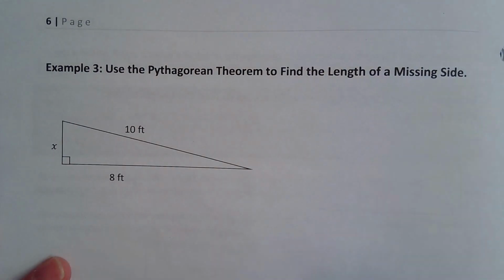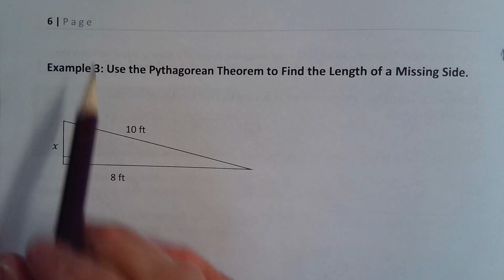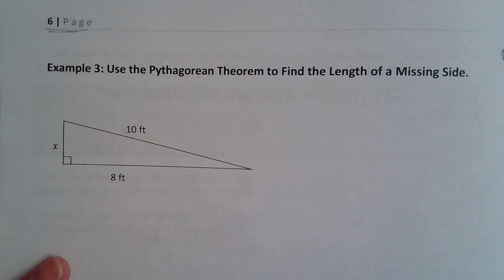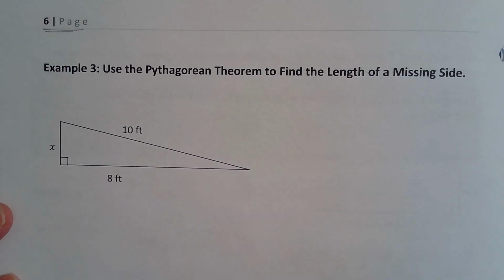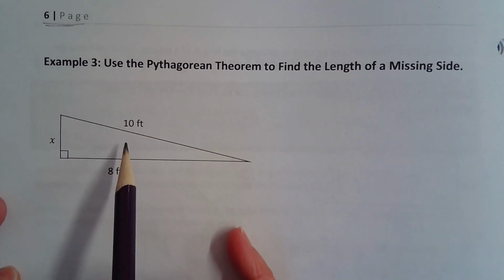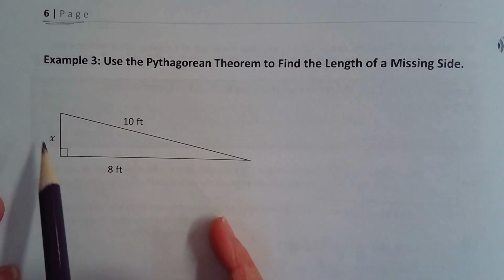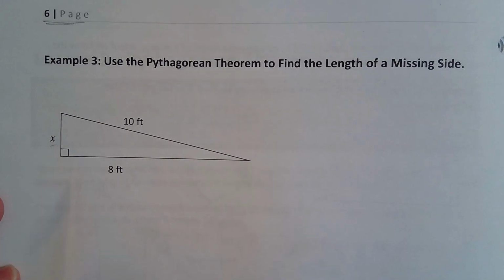Good morning. So we're just going to continue on with the Pythagorean theorem. We're on page 6 and starting on with example number 3. So what we're going to do here is try to solve for this x, right?